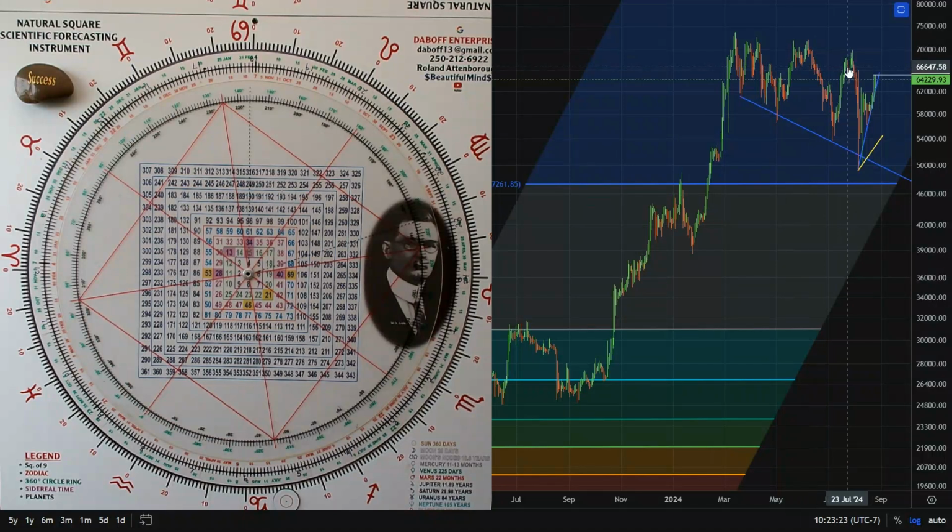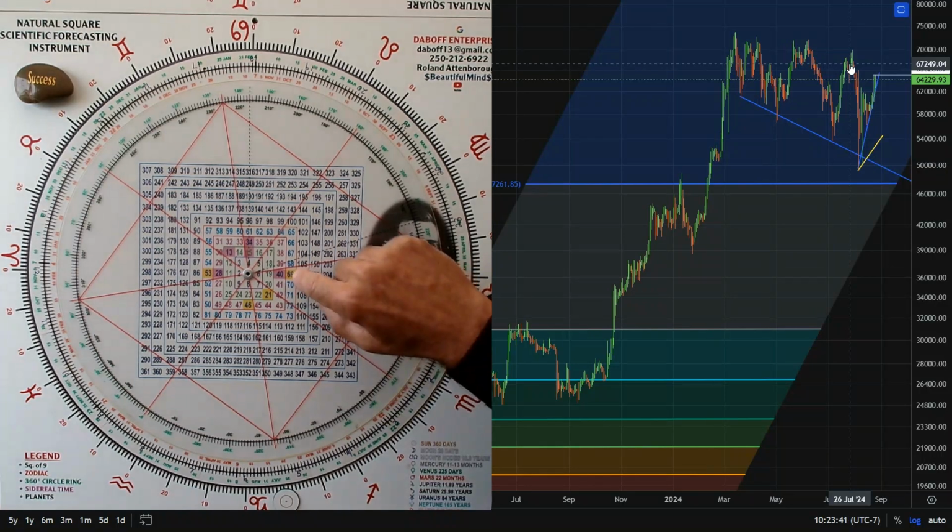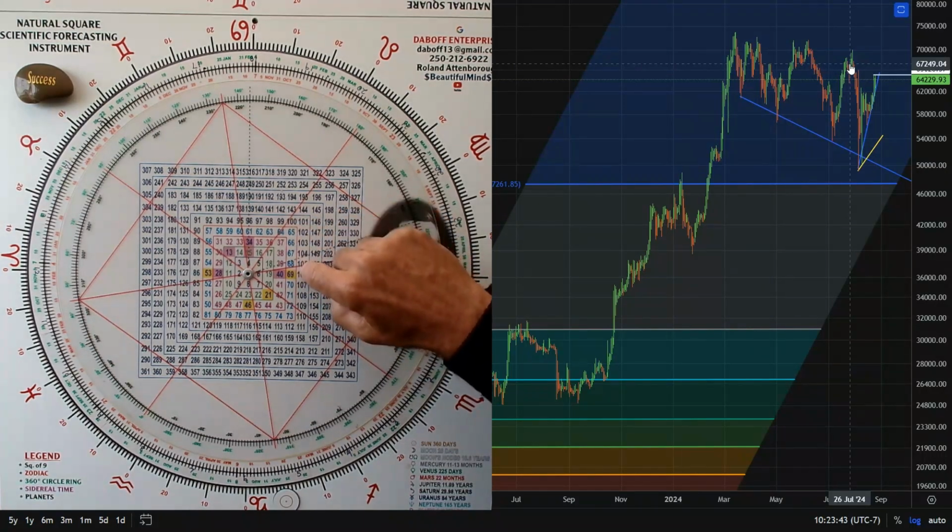Oh, right here, guys. Starting to signal that, hey, another topping area right there. What's the price? It's 68 to 65. So we're vibrating between these two octaves.